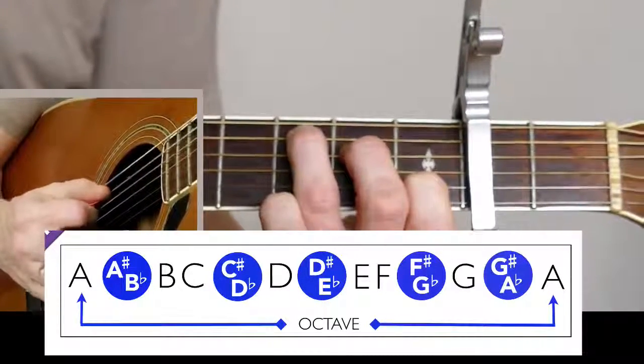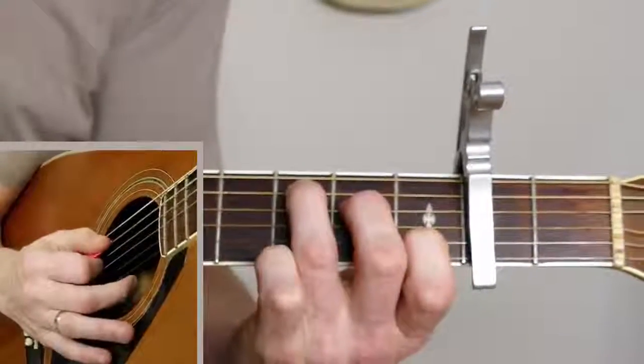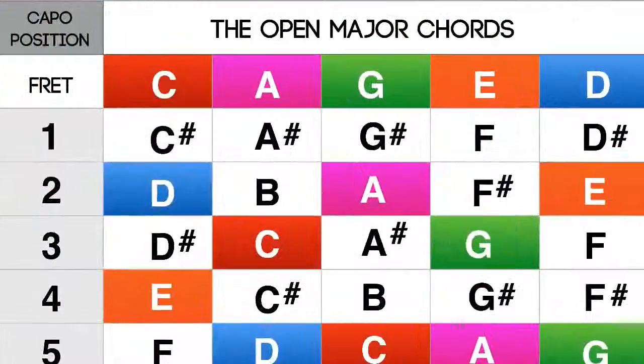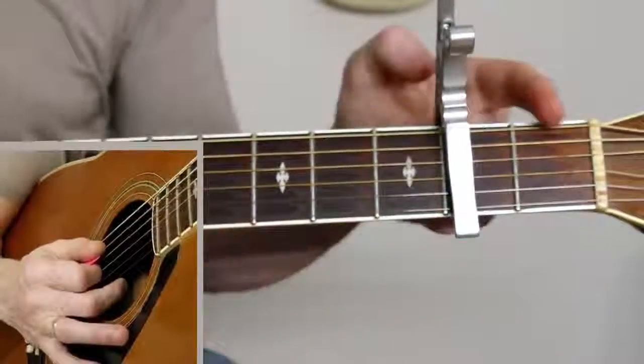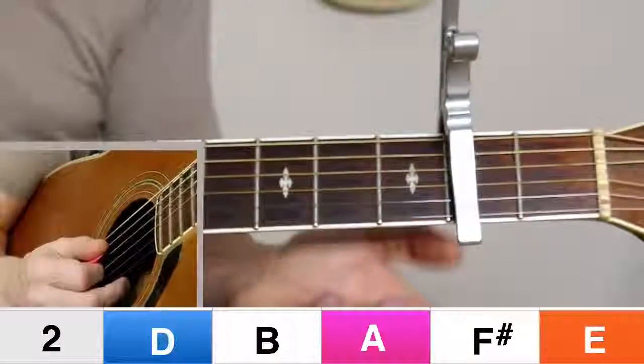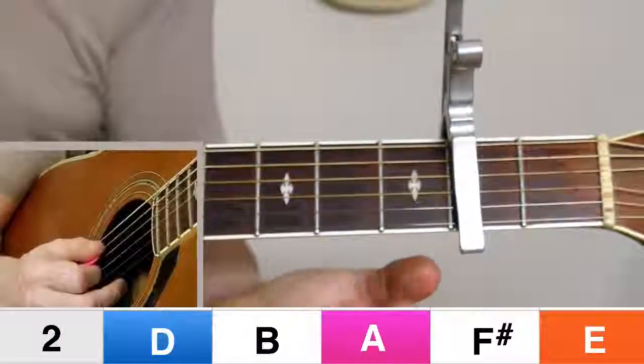So that C shape has formed the chord D, right? And we just apply the same principle for any open chord that we're going to play here. So just keeping in mind, we've gone up a tone with the capo, 2 frets, so we're going to go up a tone with the chords.